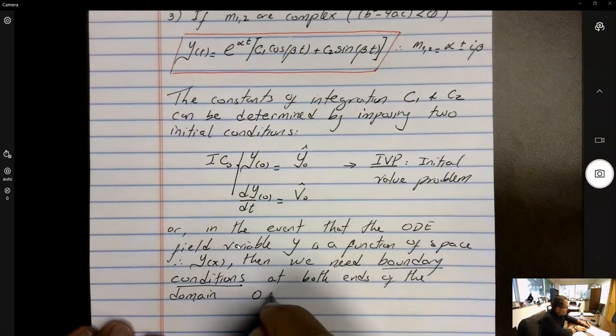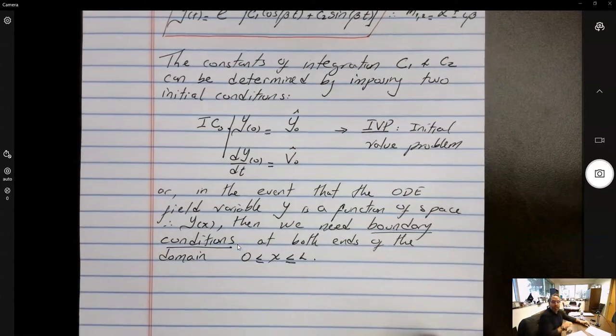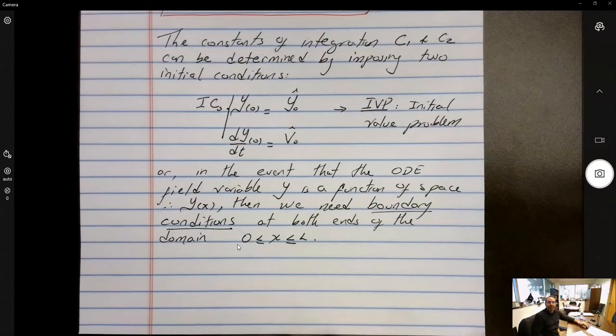So going from 0 to L, for example, if x goes from 0 to L, we need a condition at 0 and we need a condition at L.